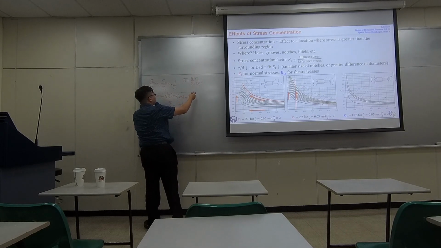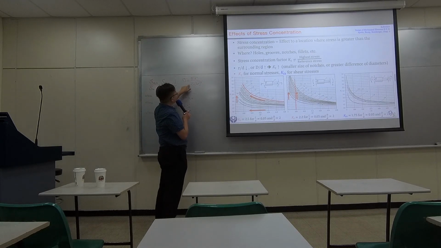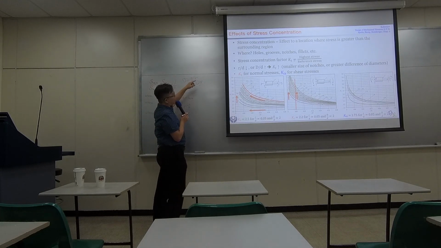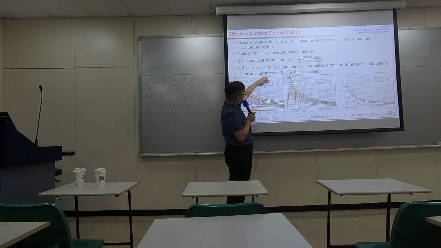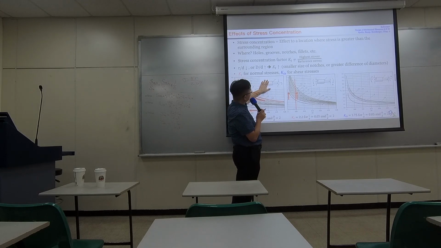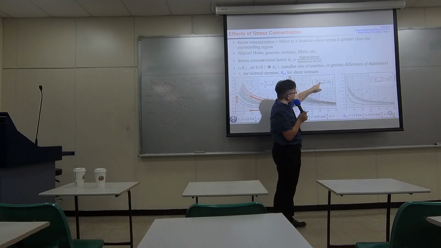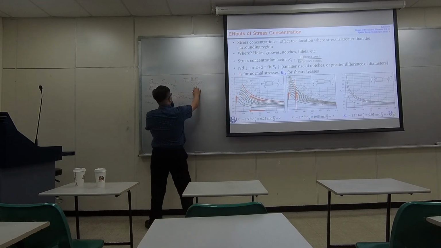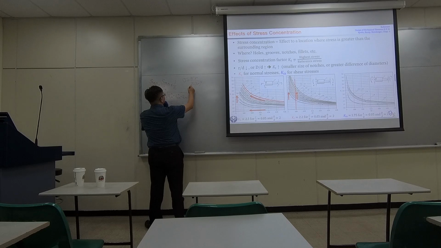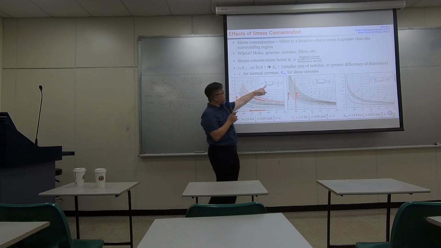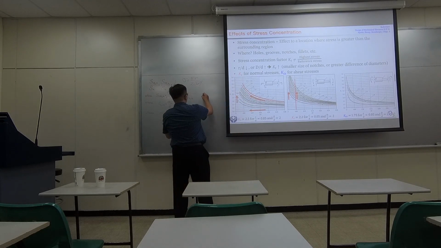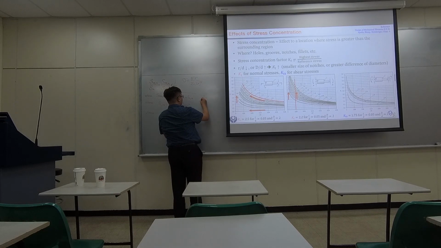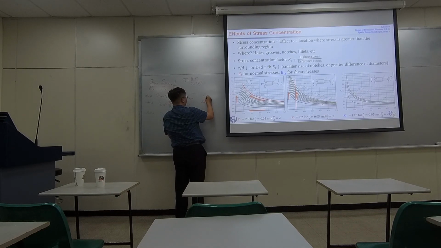So in fact, if you are trying to compute the stress, for example in bending, then this is what happens, right? For the axial case, the stress will be P over the area, so basically P over pi r squared.